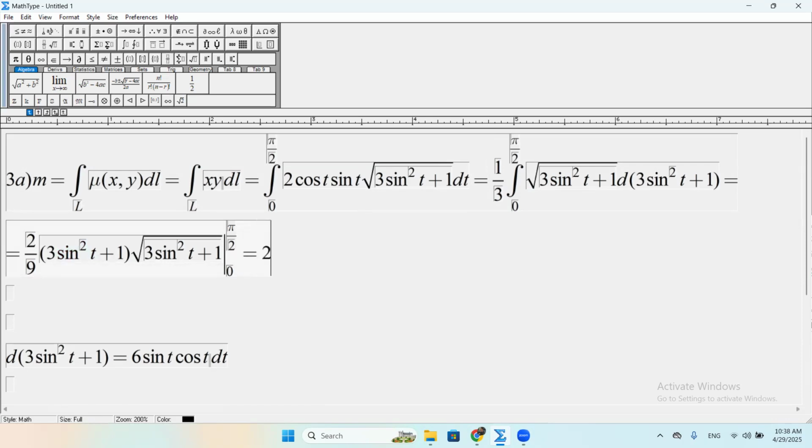Okay, so 2 over 9 and here 4 to the power of three halves, minus 1, so it will be equal to 14 over 9. Any questions about this exercise?